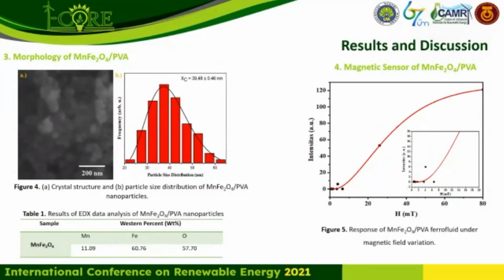This study used a magnetic field in the range of 0 to 18.5 mT, where the more significant the magnetic field detected, the greater the intensity rate by the ferrofluid. It can be seen from the measured result that the magnetic field of 80 mT gives an intensity of 121 lux.